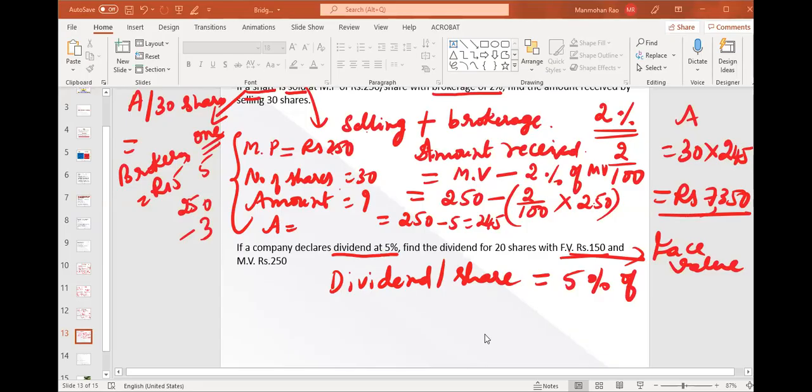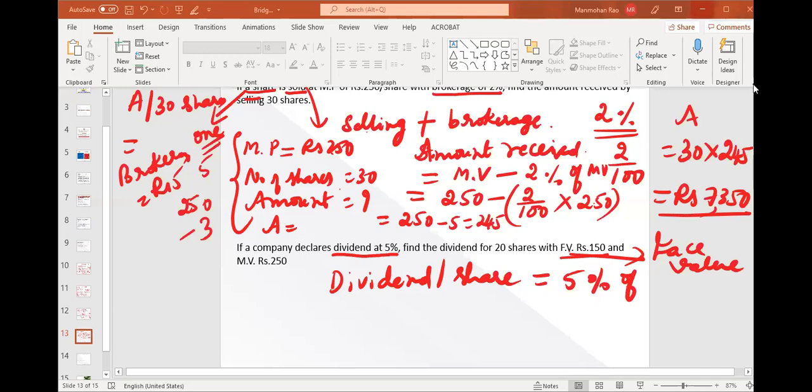You may not use market value for your calculation, or you may not use face value. Here I have not mentioned the face value, but it is generally mentioned. Both are always there in problems of shares and mutual funds.